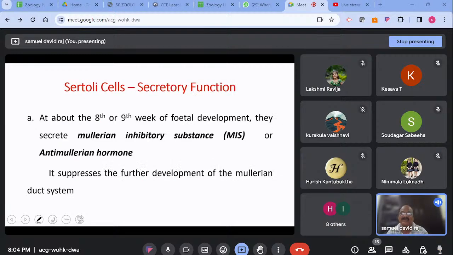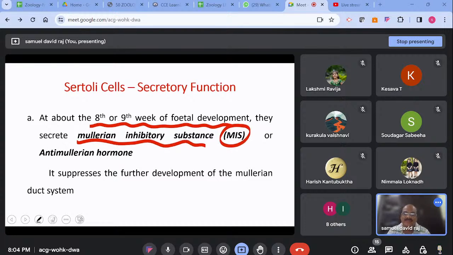So, what is the secretory function? Scientists found that at about the 8th or 9th week of fetal development in human beings, they secrete a substance or hormone called Mullerian inhibitory substance. In short, we can call it MIS. This is also called anti-Mullerian hormone.